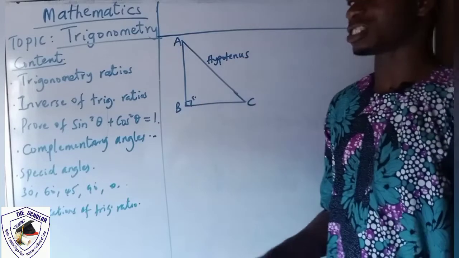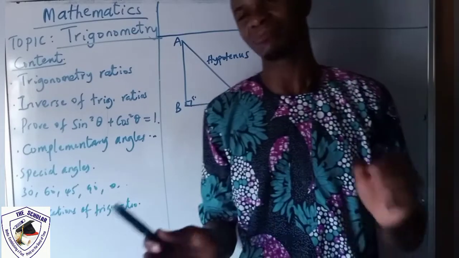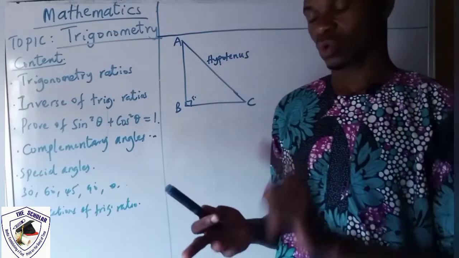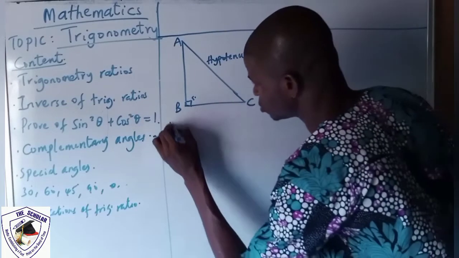Looking at the first aspect, we are talking about trigonometric ratios. When you talk about trigonometric ratios, it simply means three basic ratios: sine, cosine, and tangent.